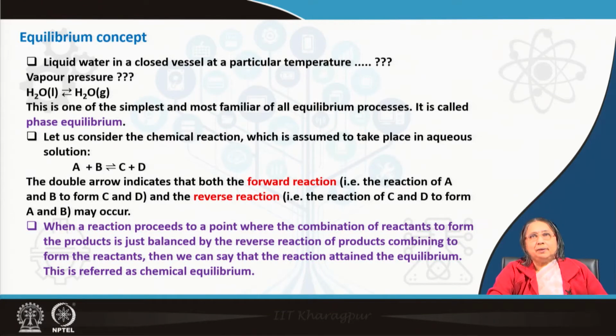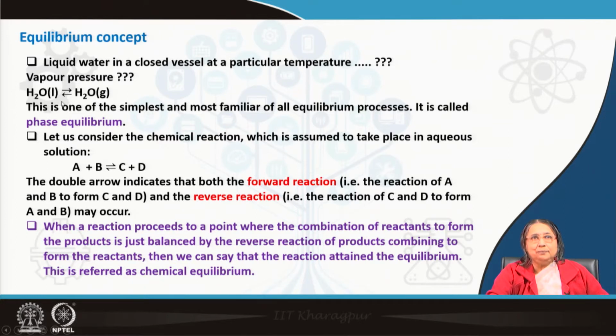What is the equilibrium concept? The simplest equilibrium is the equilibrium of water as liquid and water as gas. If you take some liquid water in a closed vessel and keep it for some time, allowing the phase transfer to go on at a certain temperature, then after some time the equilibrium will be reached.